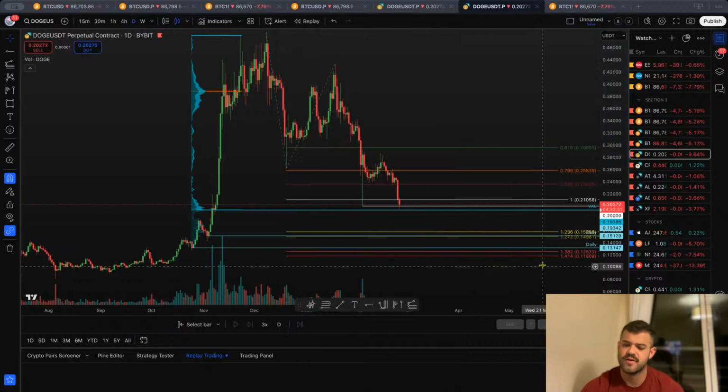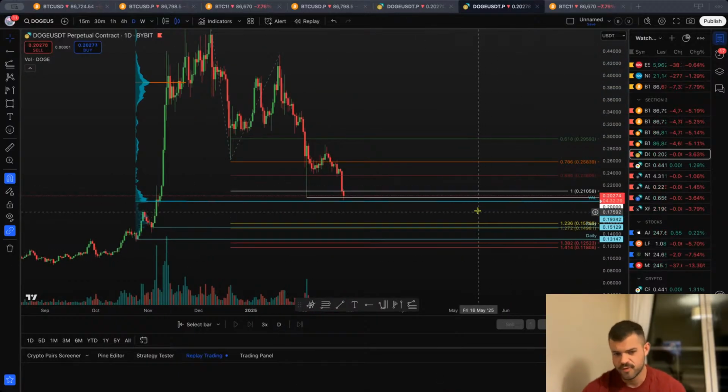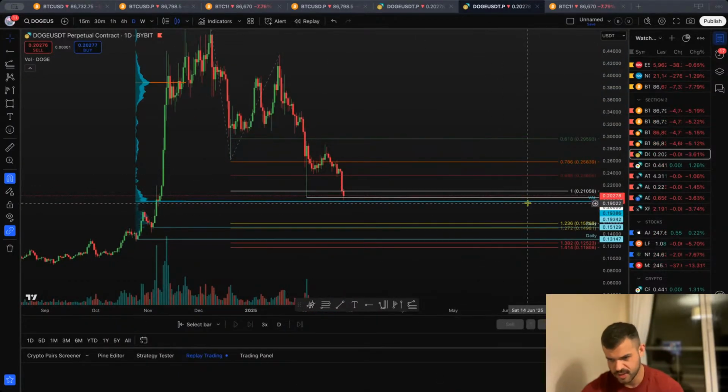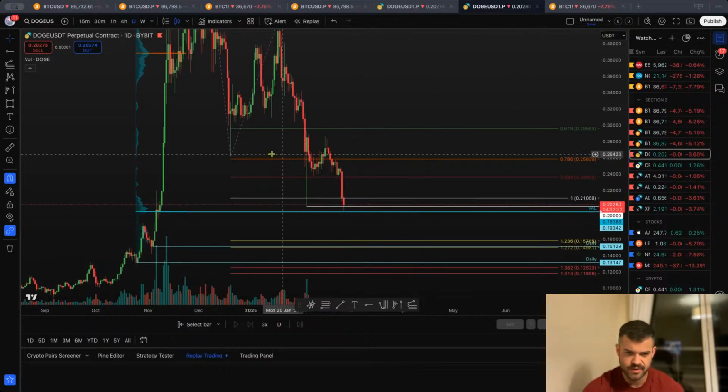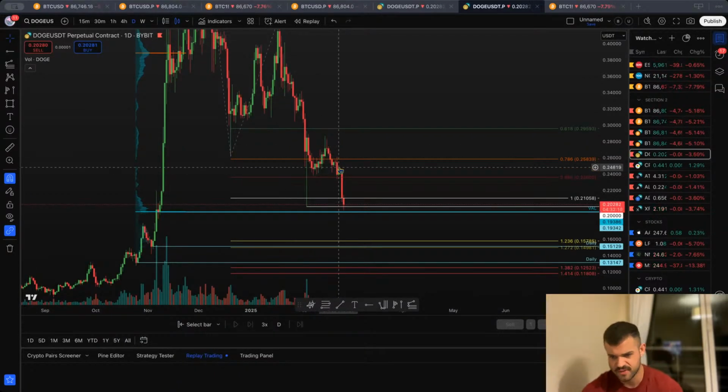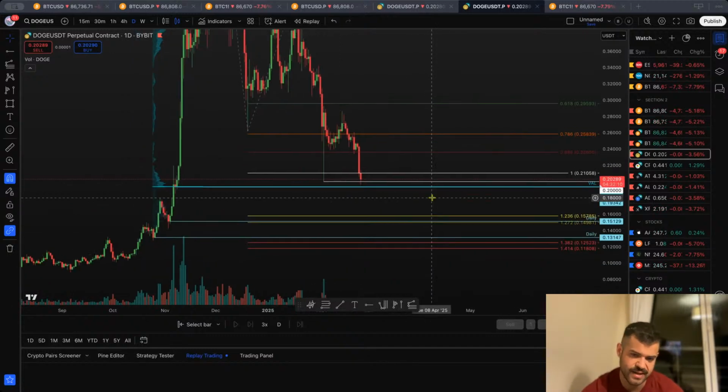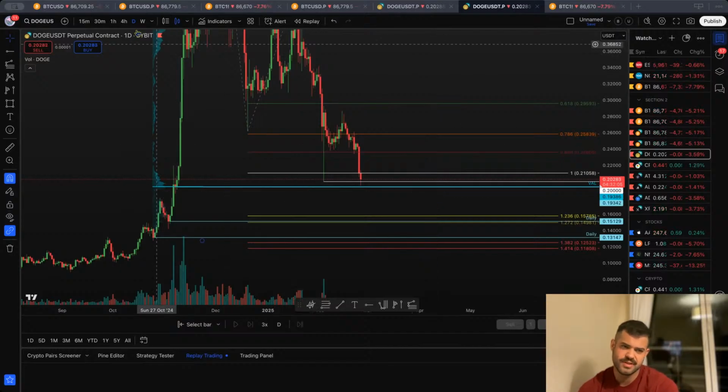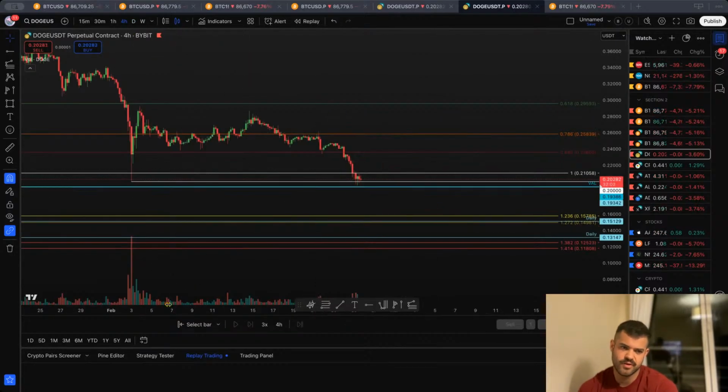So you have an area of confluence here in the fact that the 1-to-1 is kind of in line with the 1, and it's been showing relatively good confluence in that it's rejected from the 786, which you would then think would extend to the 1-to-1 or the 1.236 at least from there, if it's rejecting from there, because it hasn't really tapped to the 618 unless we go on lower time frames.